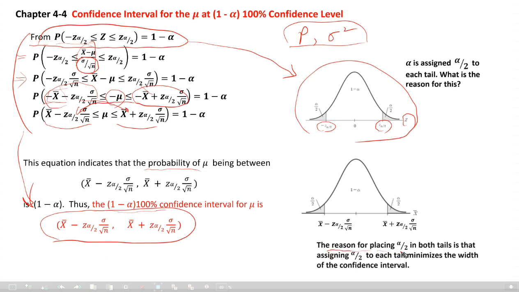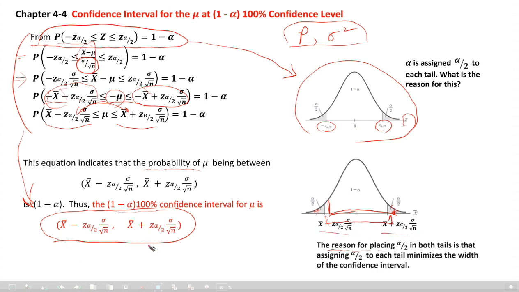However, let me talk about this one. The reason for placing alpha over 2 in both tails is that assigning alpha over 2 to each tail minimizes the width of the confidence interval. You have to get the confidence interval as short as possible, right? If it is placed another way, then the width of the interval is bigger than the original.